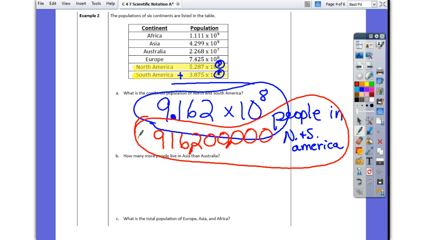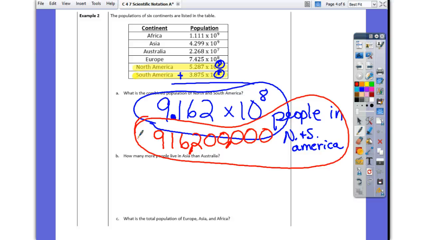How many people do we have approximately in North and South America together? 916 million. 916 what? Let me hear you. 916,200,000 people in just North and South America.